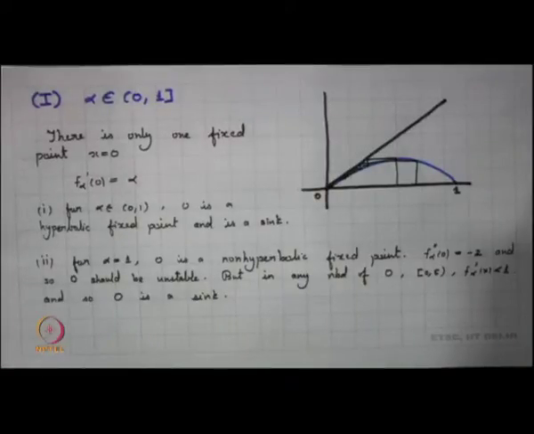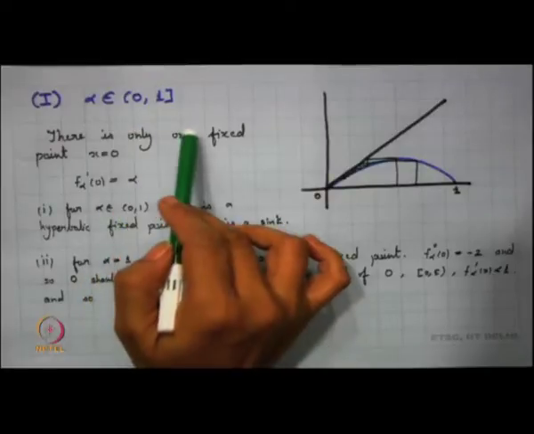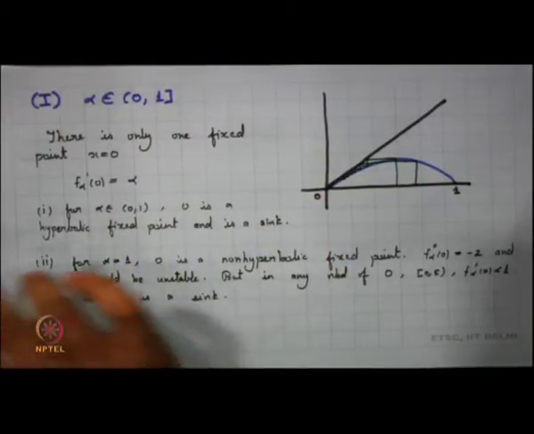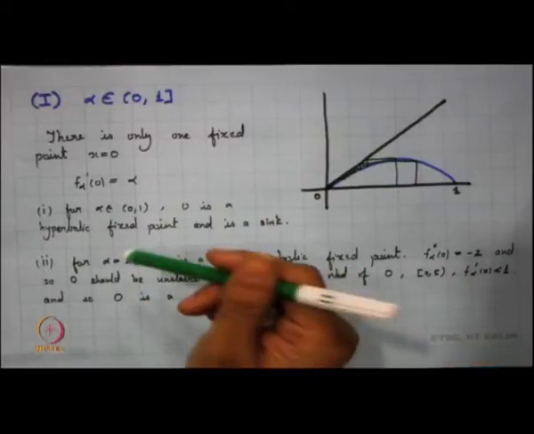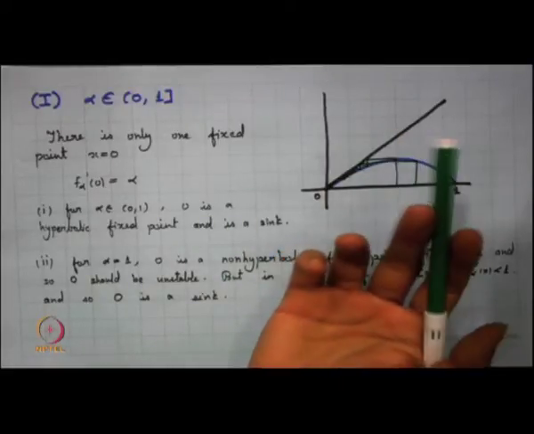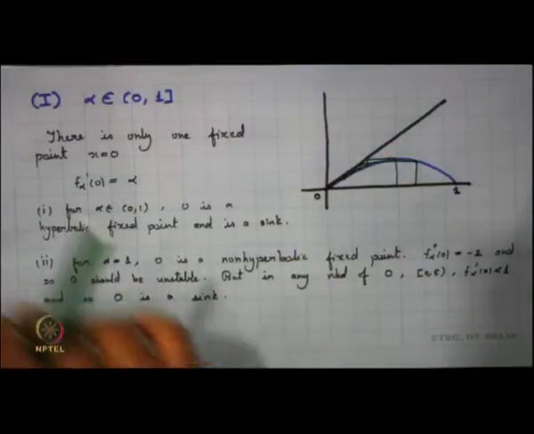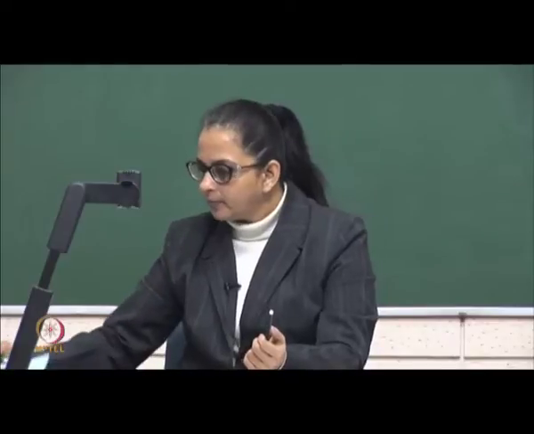So, for alpha taking any value between 0 and 1, there is only one fixed point, 0. The dynamics is very simple: each and every orbit is tending towards 0. So, the whole set (0, 1) can be thought of as the stable set of 0. Now, the case changes when alpha becomes greater than 1.